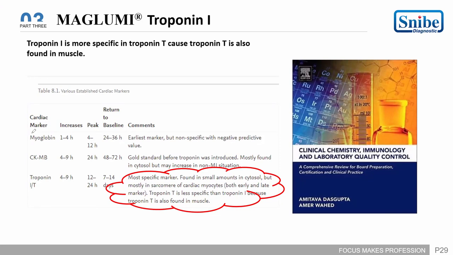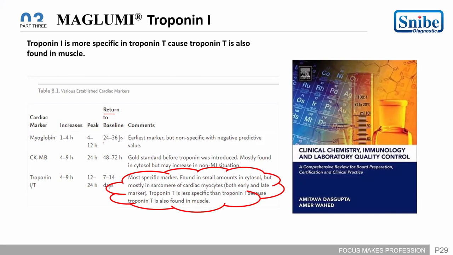Now the new assays, troponin HS, meet the requirement of IFCC of the 95th percentile in the normal population and less than 10% CV, which are the two criteria for high-sensitivity troponin I. If we talk about myoglobin as a cardiac marker, the increased value is observed in 1 to 4 hours, and the peak value between 4 to 12 hours.